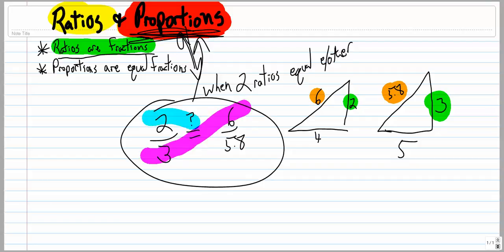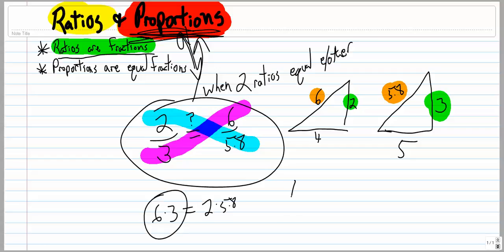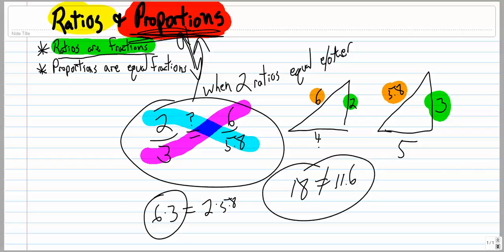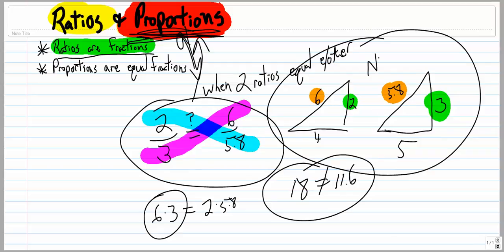I will see if the two sides equal each other. So I will see if 6 times 3 equals 2 times 5.8. If that's true, then they're proportional. So 6 times 3, I can do that in my head. That's 18. And then 5.8 times 2, what's that? 6 times 2 is 12. So what's that? 11.6. So since these two do not equal each other, then these two triangles are not proportional.